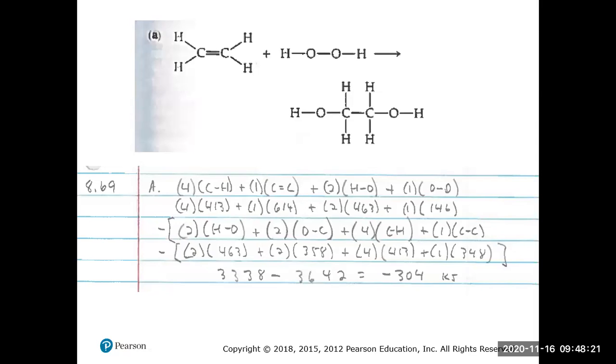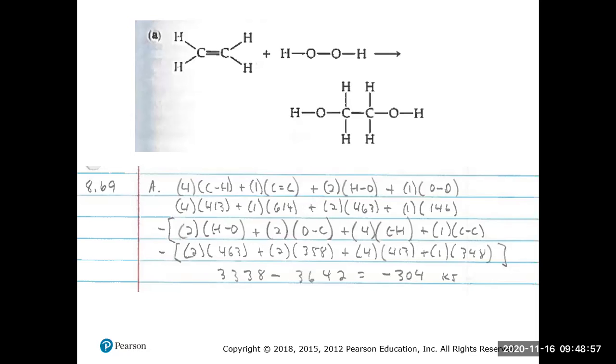And those are the reactants. And then in the product, we have 2 OH bonds, we have 2 OC bonds, we have 4 CH bonds, and 1 CC bond. So then the numbers that are associated with that are just the bond energies for the different bonds. So in this case, remember, it's a positive number if you're putting energy in. So in other words, to break the bonds, and then to form, it's a negative number.